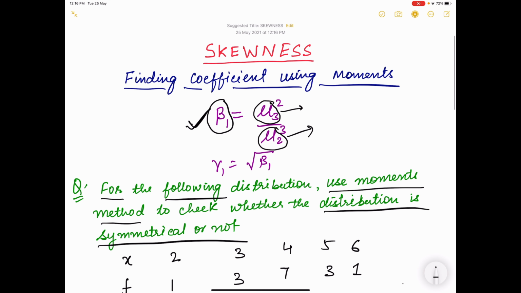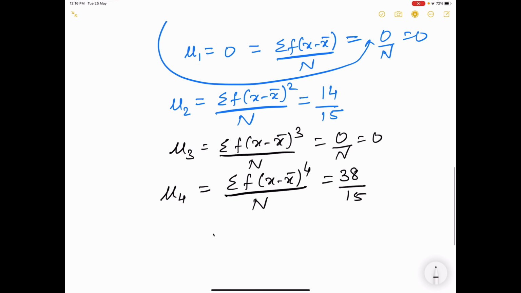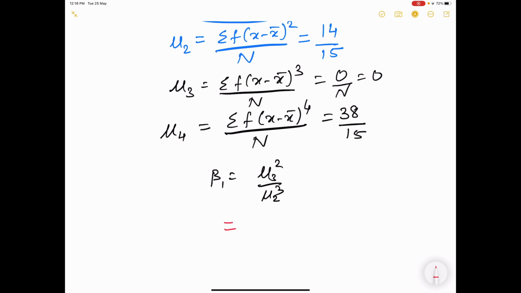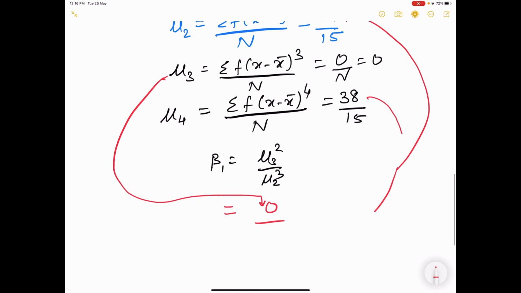Now see the formula for beta 1, which is equal to mu 3 square upon mu 2 cube. I'm writing the formula again so that you may remember it: mu 3 square upon mu 2 cube. And this is equal to, see, this is our mu 3, so I'm writing mu 3 here, this is 0, and this is our mu 2. So write mu 2 here. Mu 2 is 14 upon 15 whole cube.